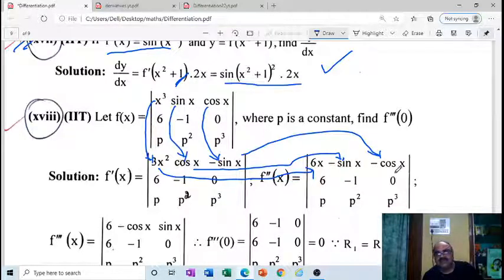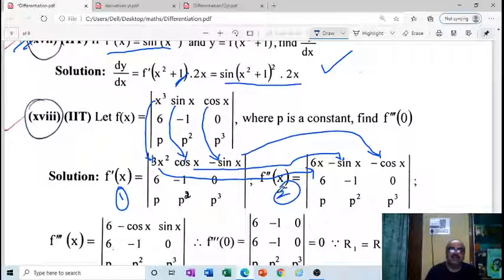Sin x differentiation is cos x. Only cos will get the minus value here. So 6x, minus sin x, minus cos x. This is the second differentiation. So this was 1, this was 2.